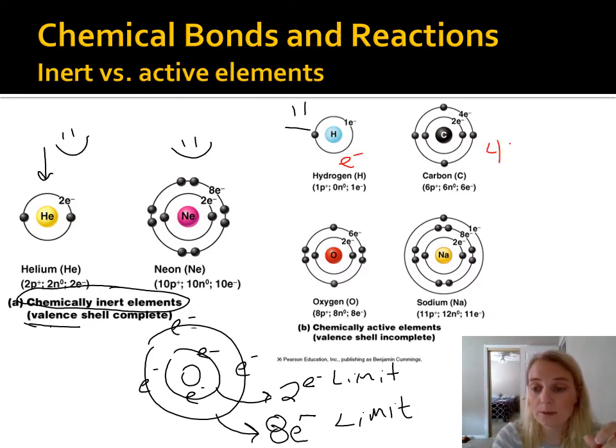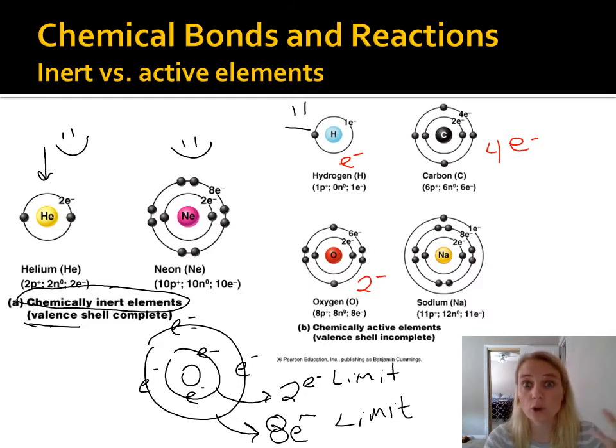Carbon is missing 4 electrons. It has 4 electrons in its valence shell, which means it needs 4 more in some way or another. Oxygen, 1, 2, 3, 4, 5, 6. It's missing or could use 2 electrons, and sodium only has 1 in its valence shell. So it needs 7 more.